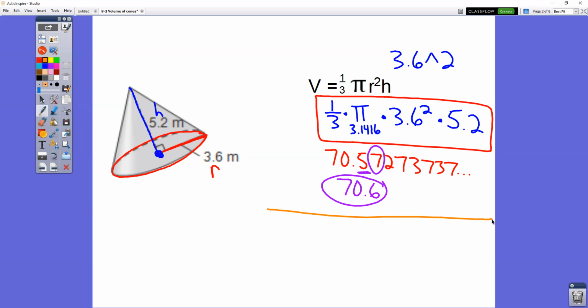You're also going to have questions that you need to leave in terms of pi. So when we leave it in terms of pi, you have to type in everything except for the pi button. So you're typing in 1/3 times 3.6 squared times 5.2.